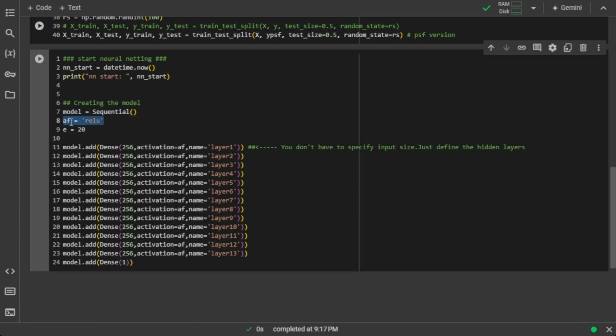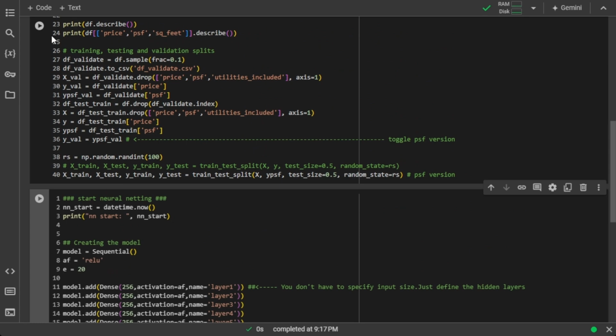This is the activation function, CAF, and that is coded right here. Again, the reason I code this as a variable outside of the line items themselves, I'll go into that later, but just observe that I do it. And then those are my epochs. They'll come later. So just be aware that E is for epochs, and for now I've set it at 20.